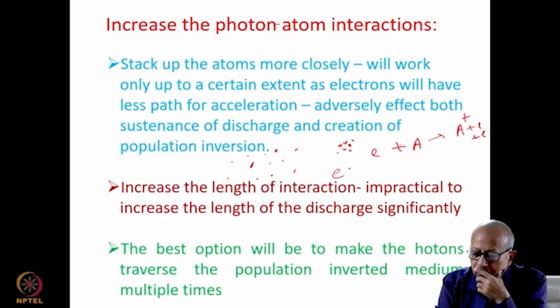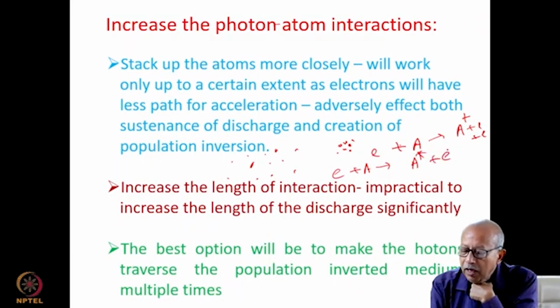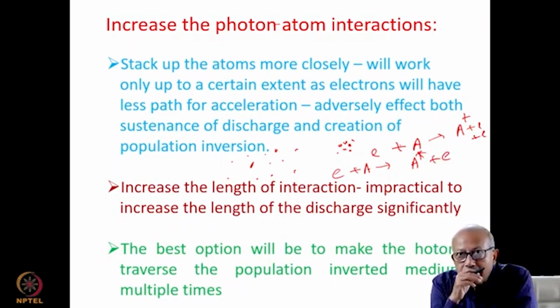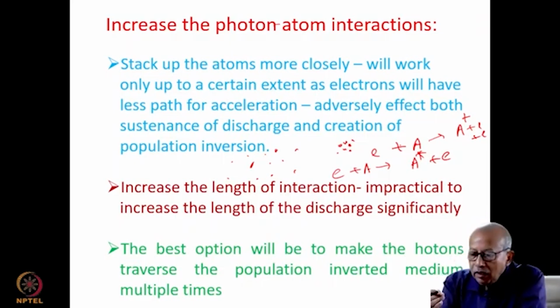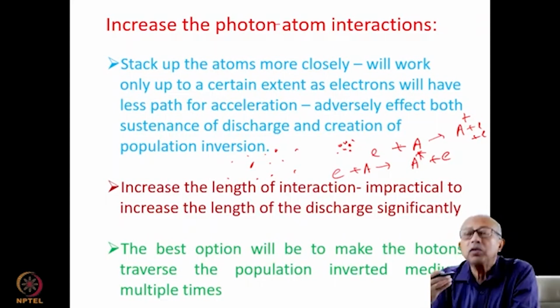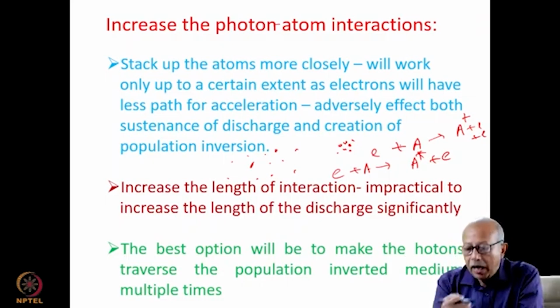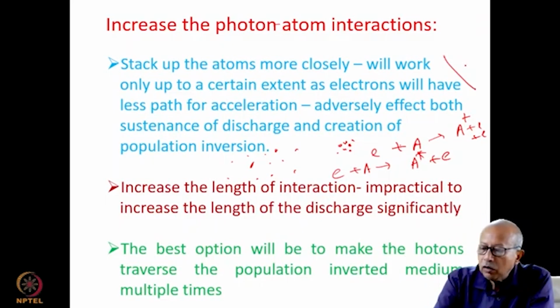Also, an electron sometimes can collide with these neutral atoms in an inelastic manner, so that part of the kinetic energy is transferred to the atom as internal energy, and the electron moves with less kinetic energy. But if the electron cannot acquire enough kinetic energy, there is difficulty in achieving both sustaining the discharge and attaining population inversion. So this is not going to work.